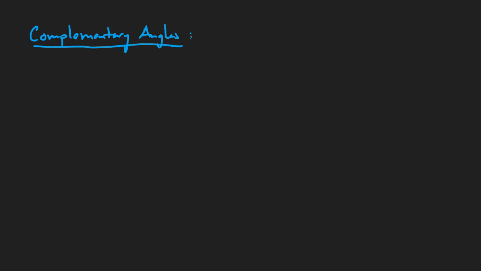When we look at complementary angles, these are two angles whose sum is 90 degrees. Some of you might not know this word sum, so when you think of sum, think of the operation addition. We're adding.